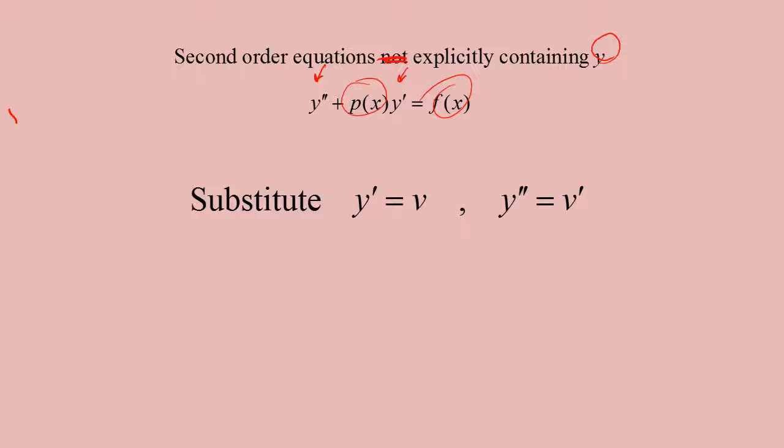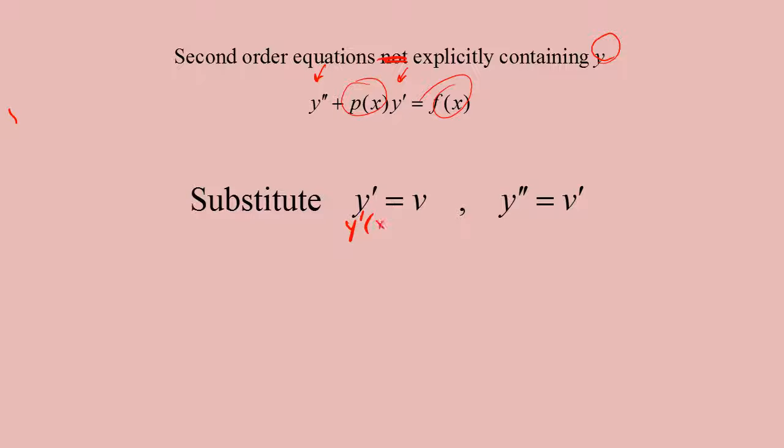We're just going to blindly, for right now, do the substitution. Let y prime equal v. Now, y is a function of x, v is a function of x. So we basically are saying y prime of x equals v of x. I'll write that down for you.